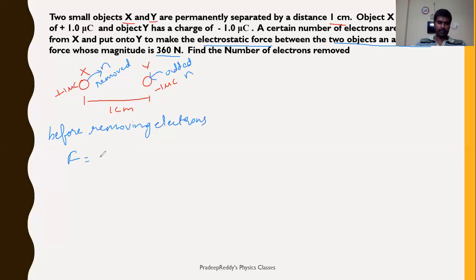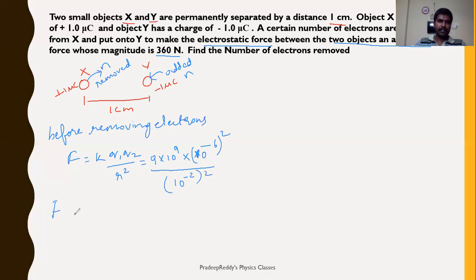F is equal to K Q1 Q2 divided by R square. K is 1 by 4 pi epsilon naught, that is 9 into 10 power 9, into Q1 Q2, which is 10 power minus 6 whole square, 1 microcoulomb each, divided by the separation, 1 centimeter, 10 power minus 2 whole square.